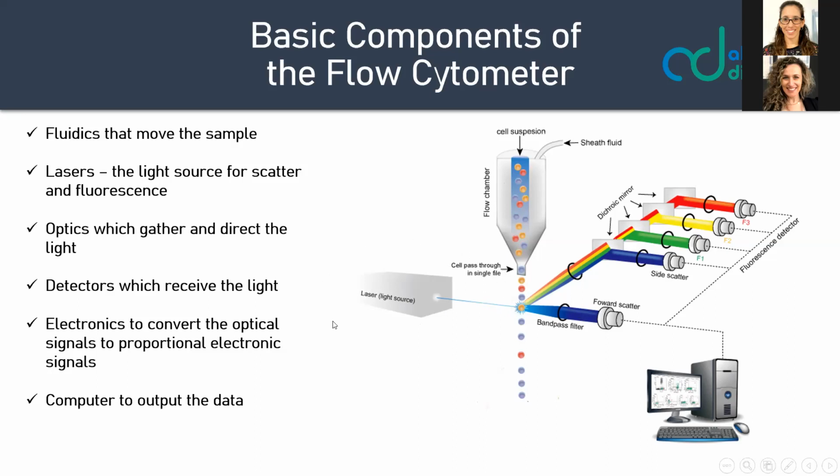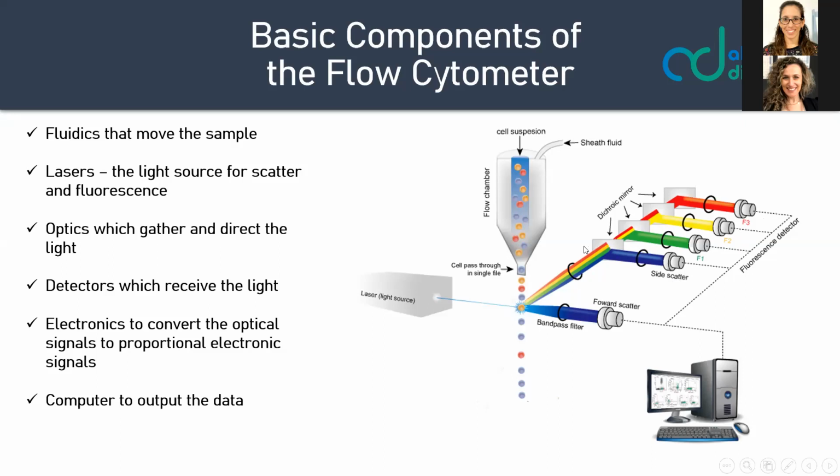This is actually the light source to scatter and fluorescent signals. After the cells meet the laser beam, the emitted light is directed through the optics to the fluorescent detectors. The optics are the mirrors, the filters that we will talk about in a few minutes, and also the lenses.